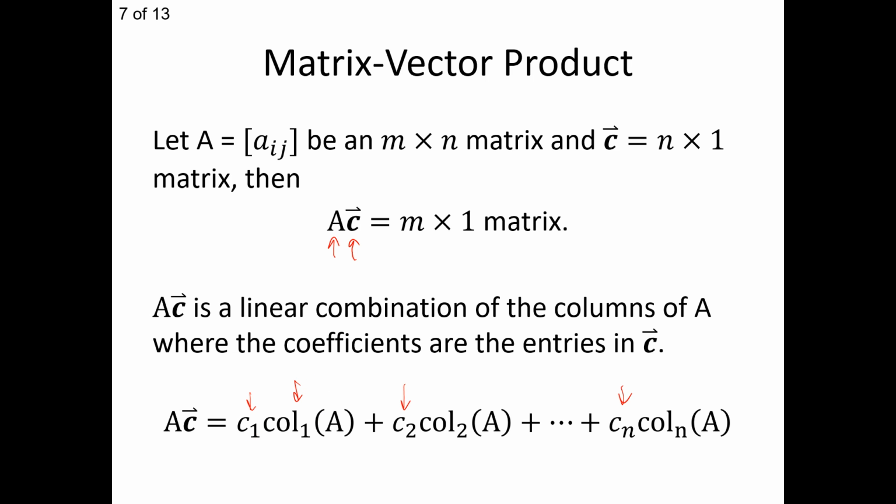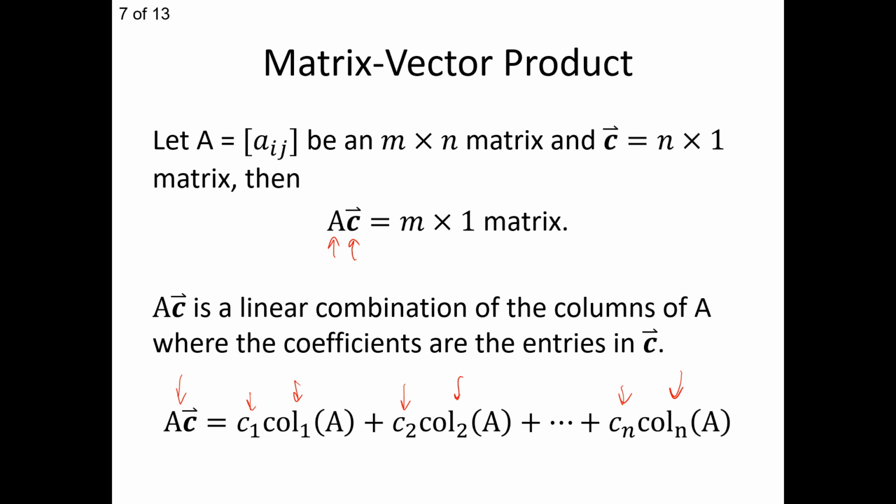When we read this, this is the first column of A. So we are dissecting our matrix A, forming the first column of A, and we form a scalar product of the first element of C and the first column of A. We do that again with the second element of C and the second column of A, and so on, until the very last element of C forms a scalar product with the last column of A. If we add all of that back together, it forms our original multiplication of A times C. So it's another way of thinking about how we can multiply.